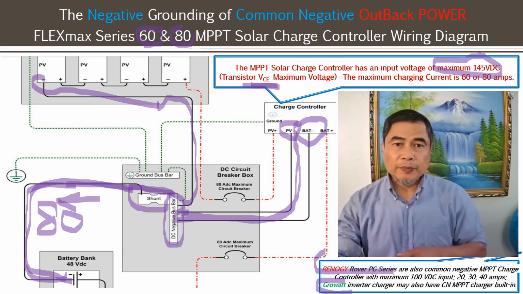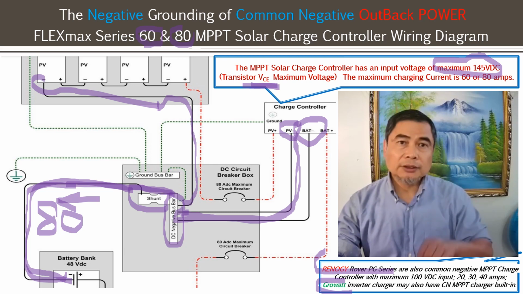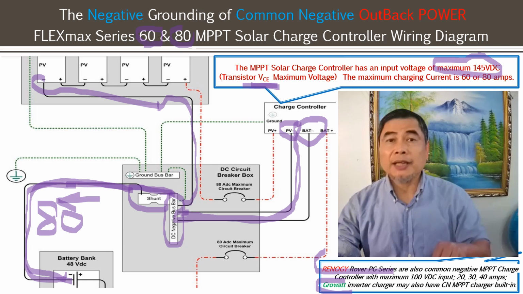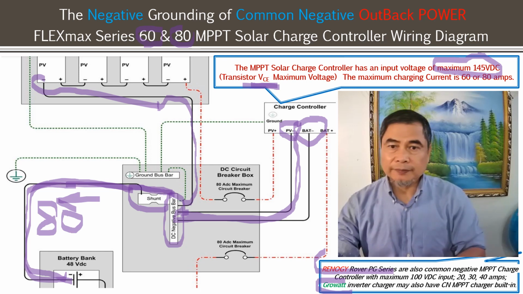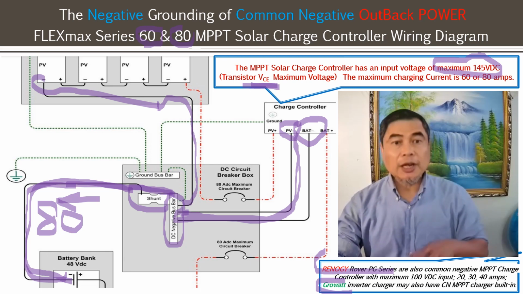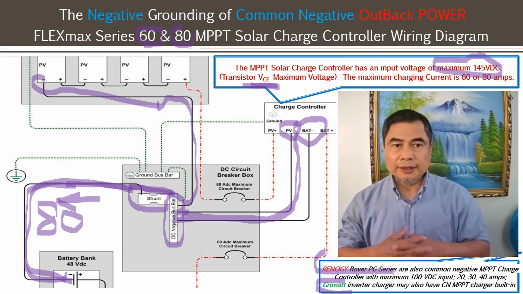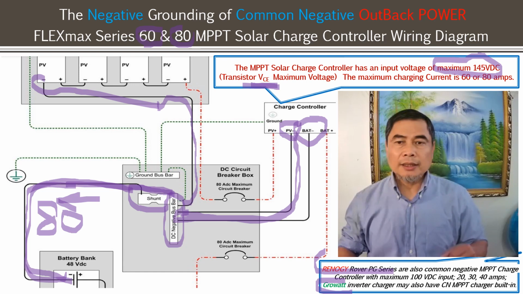So you need to find that out first before you can determine what solar charge maximizing controller to use. Make sure common negative matches common negative. We cannot use a different one to charge the same battery bank. If you have some other common negative design you're not sure about, let us know.